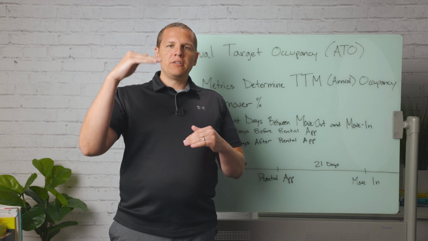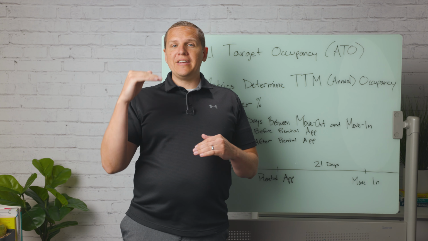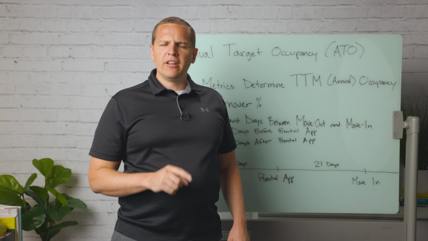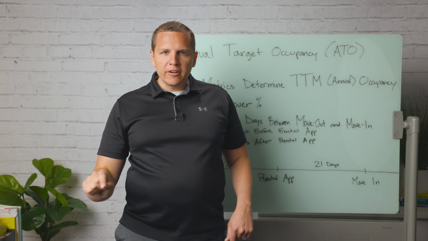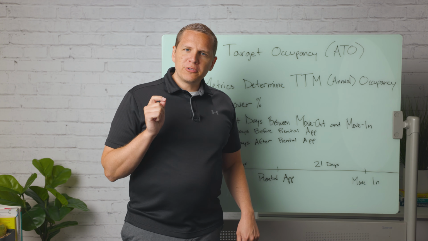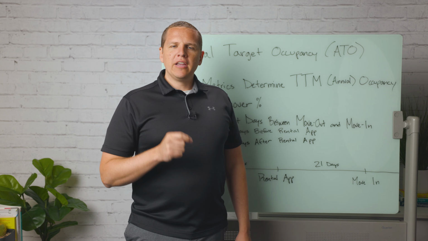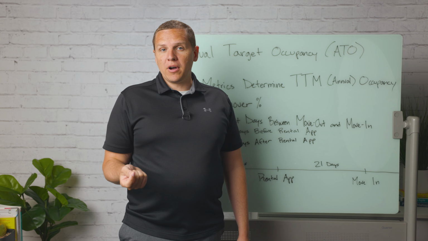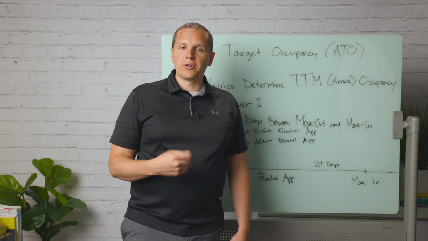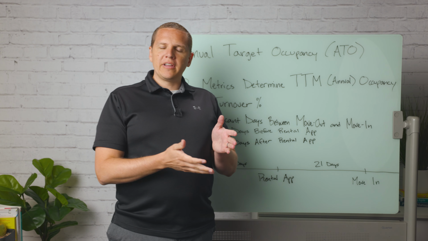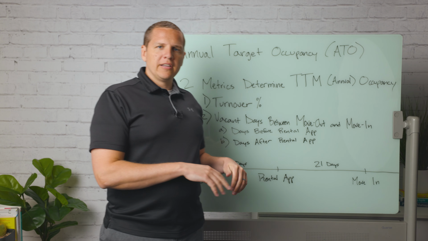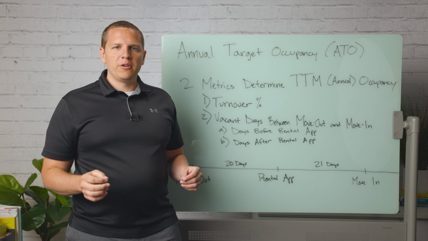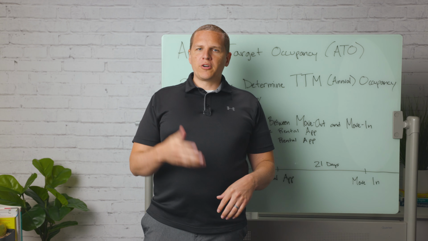But there's still a maximum ATO of 97.12%. So if you pre-lease 100% of your units, you still can't achieve an annual target occupancy above 97.12% because you're still going to experience vacant days between residents, and 50% of your units are still turning over.